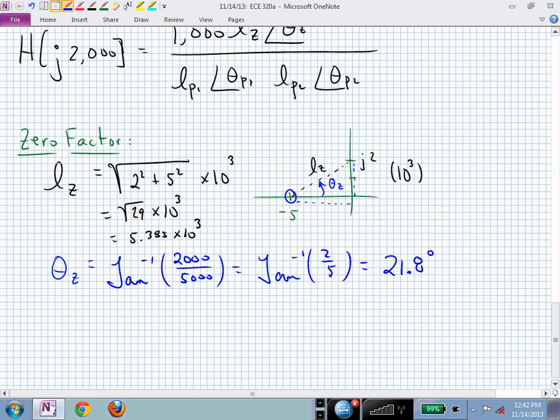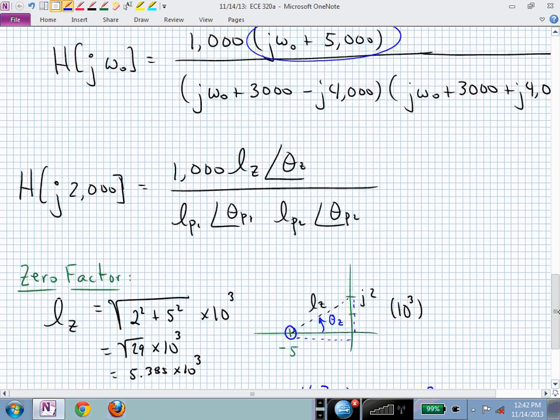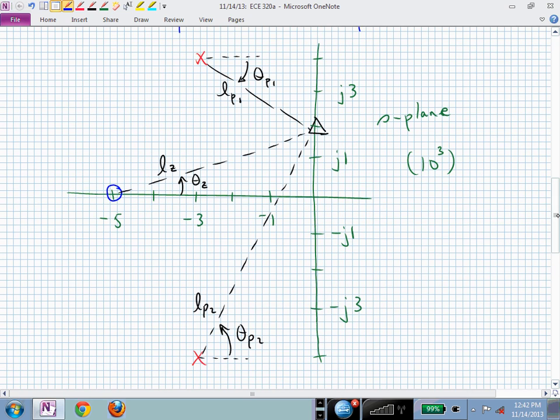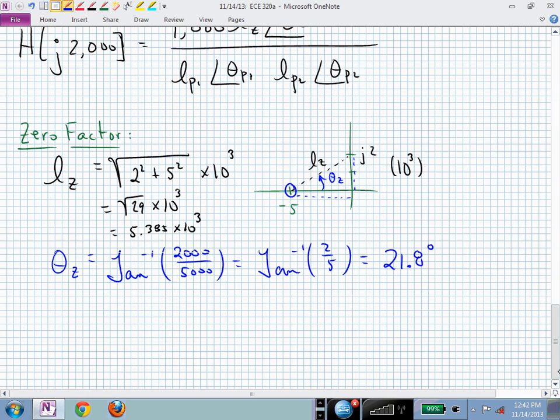Again, if you've drawn these accurately, you can see that that angle should be less than 45 degrees. In order for it to be 45 degrees, we would have been looking at a j5000 for our evaluation point. Are there questions on the contribution of that zero factor? That's your length and angle of the zero in that transfer function.